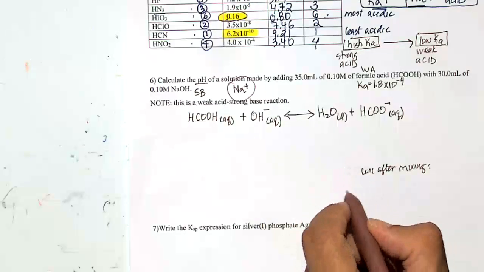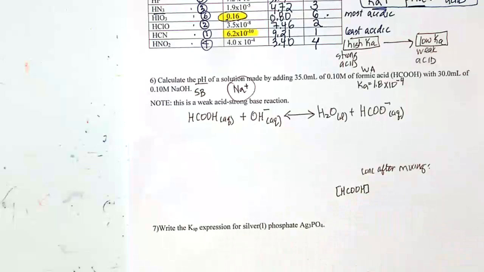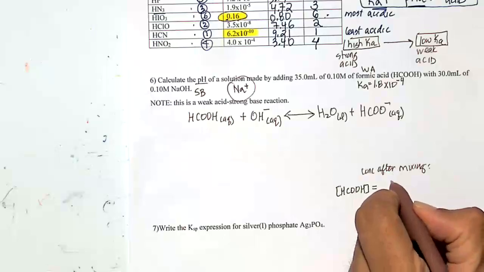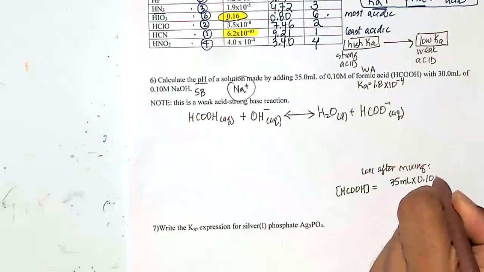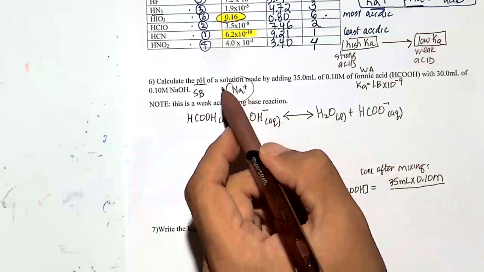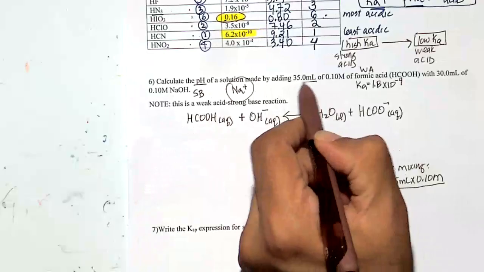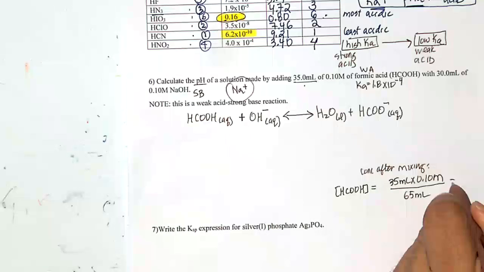All right, we'll first do formic acid. We're taking 35 mLs of a 0.1 molar. What's the total volume after we add this to the base? 65 mLs.